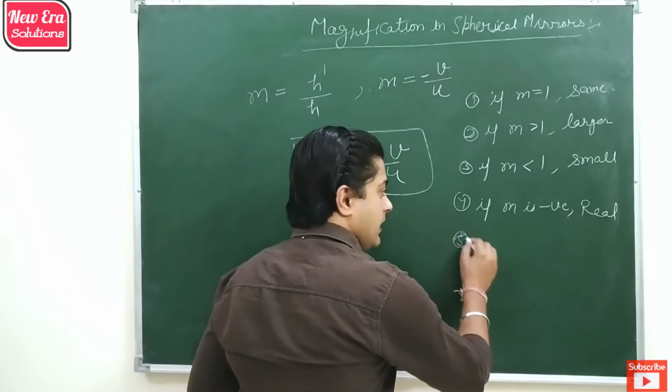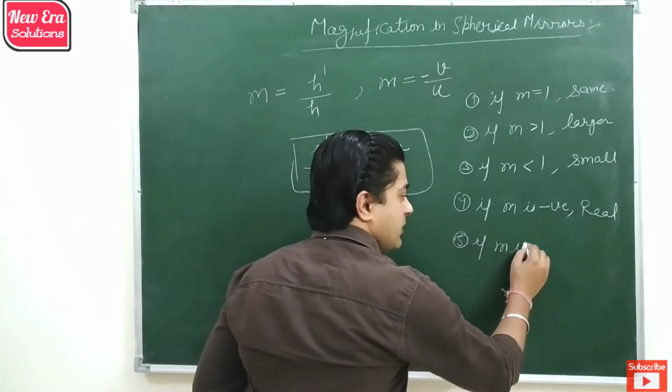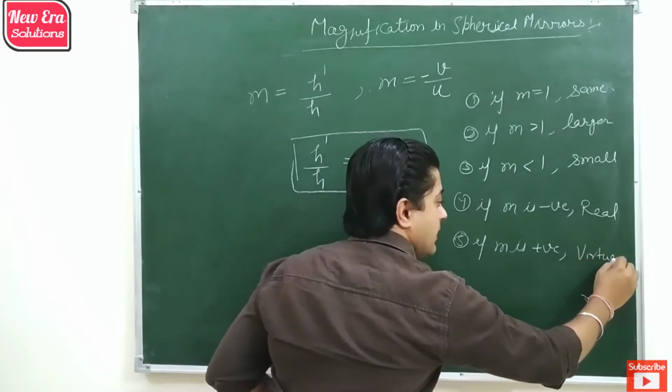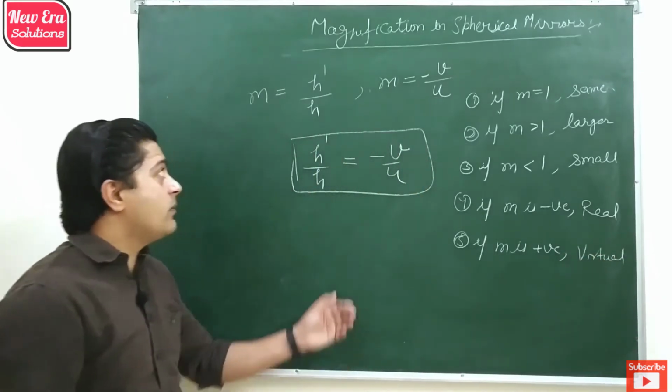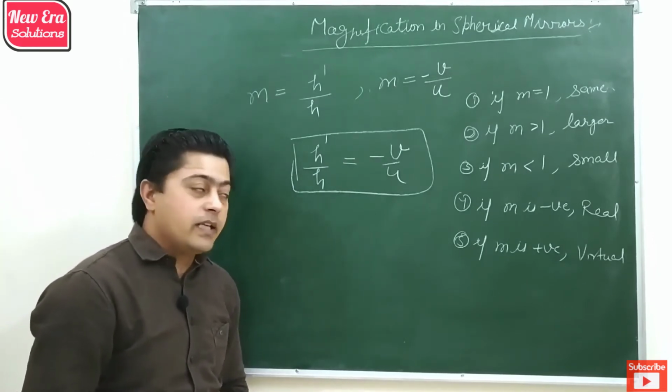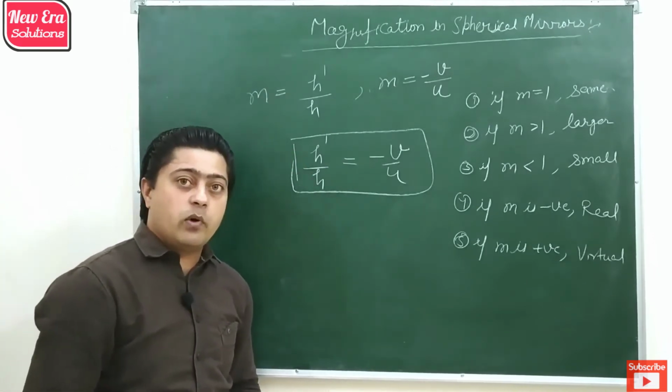And the last is, if magnification is positive, then the image is virtual, because a virtual image has positive height and the object also has positive height, so the magnification is also positive.